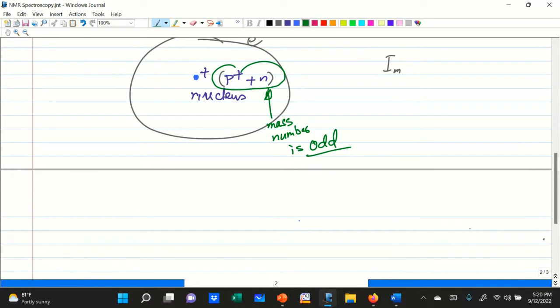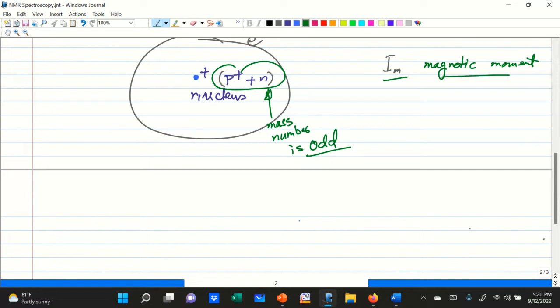Here I summarize in one sentence: when the spinning nucleus has an odd total number of particles, meaning the mass number is odd, it will have a net magnetic moment, which is the magnetic moment I.